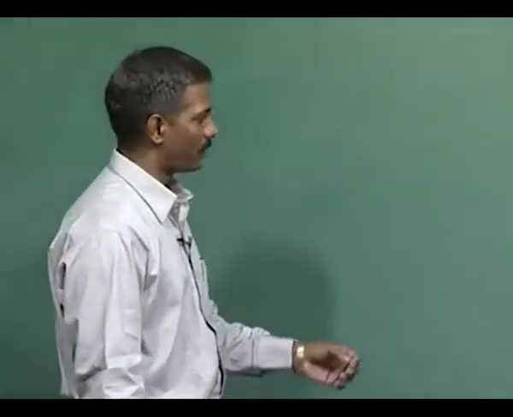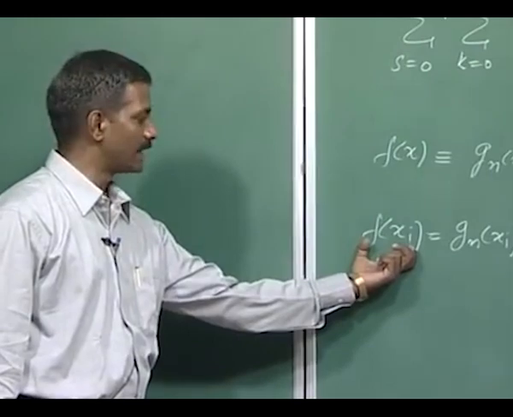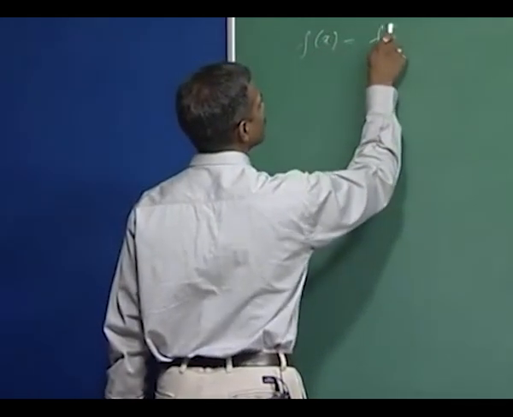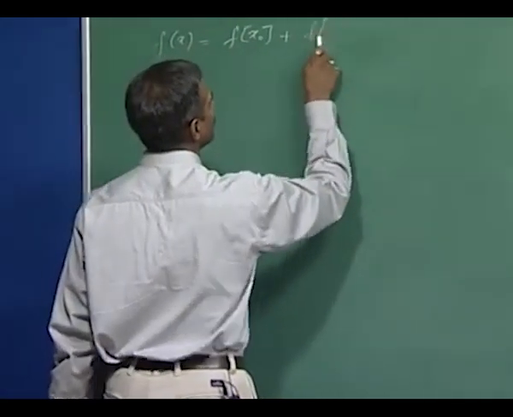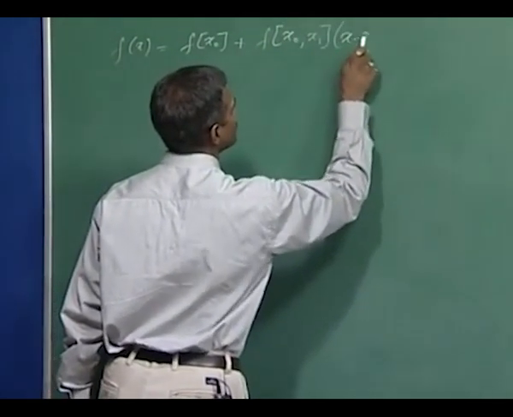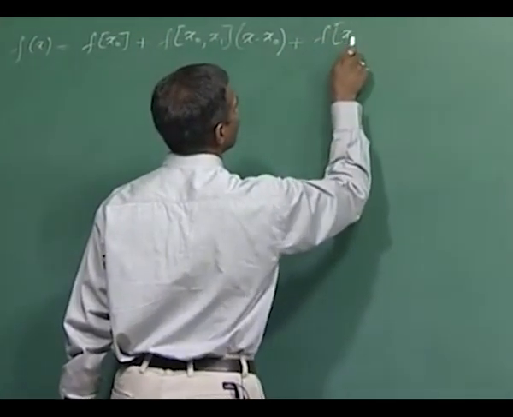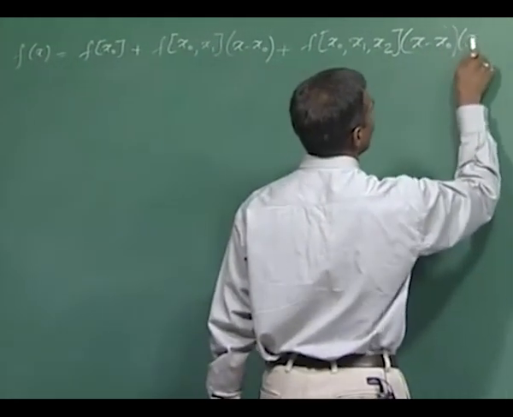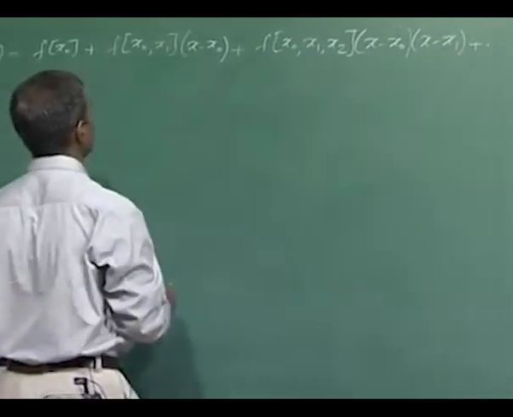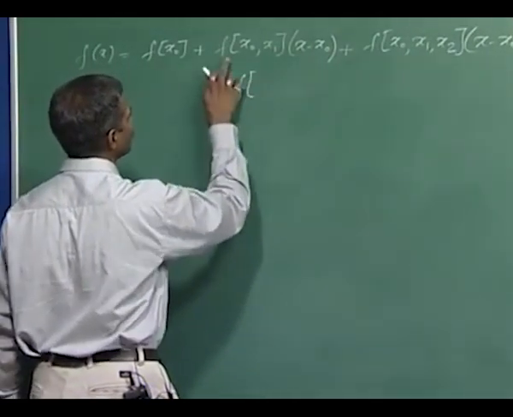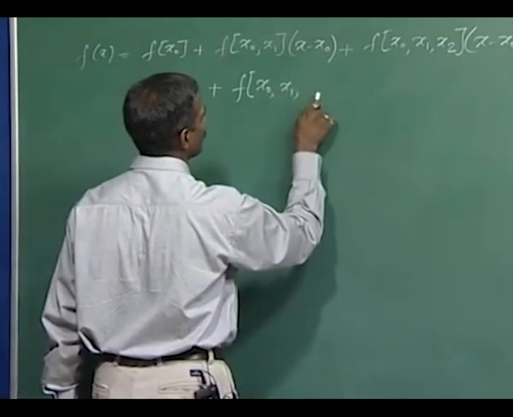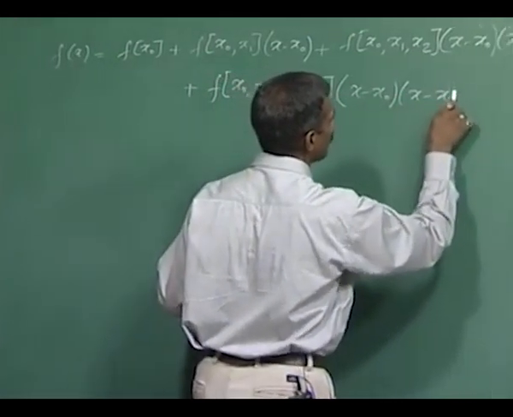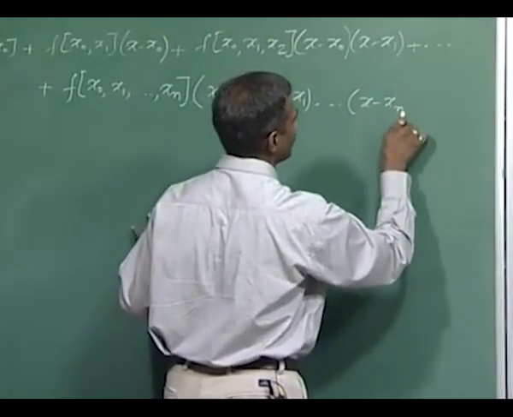Okay, so using Newton's polynomial, we can write the nth degree approximation for f, and that would be f of x equals f[x0] plus f[x0, x1] times x minus x0 plus f[x0, x1, x2] times x minus x0, x minus x1 plus, and the last term of course is the nth divided difference in f, and then x minus x0, x minus x1 up to x minus xn minus 1.